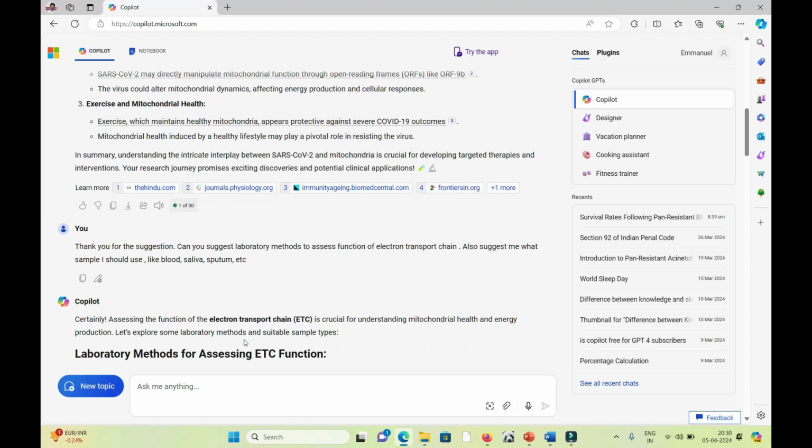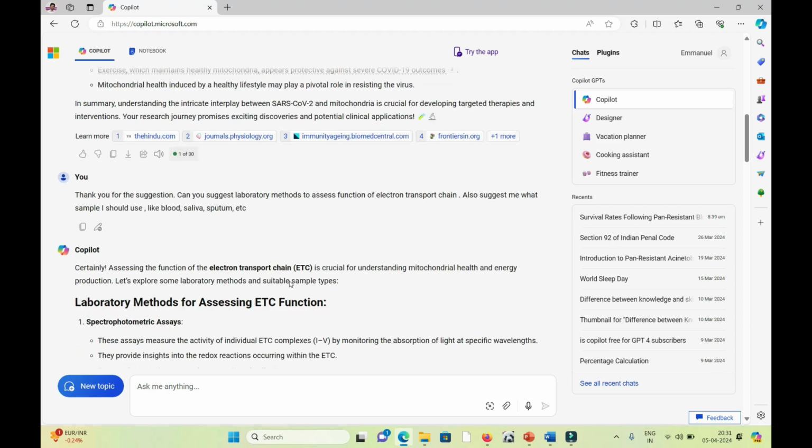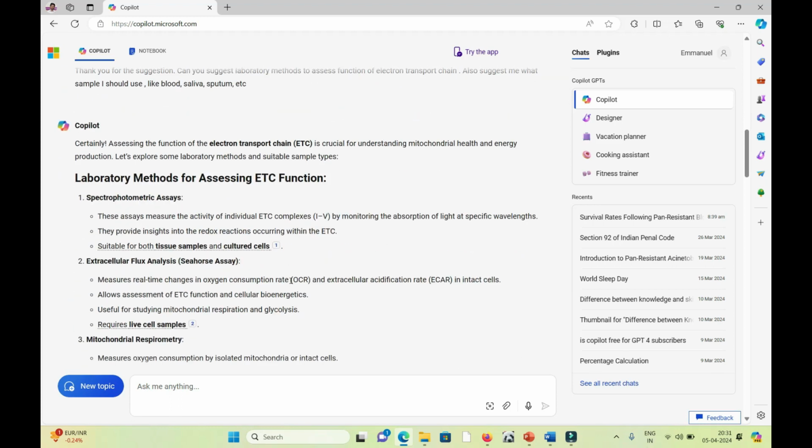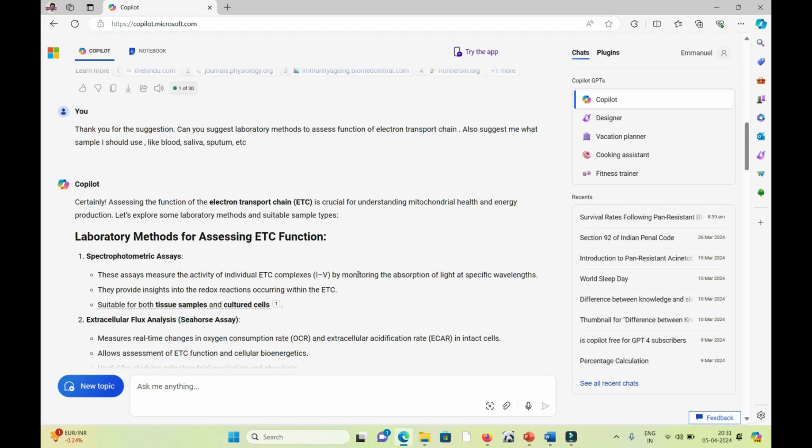So for the second prompt, based on the mother prompt, I've got a reasonable output from COPILOT. So I'm just thanking it for the suggestion. Always thank the AI model because it is a kind of encouragement you give to the model. And people say that when you appreciate it, it tends to give more information, which is in line with what it has already given.